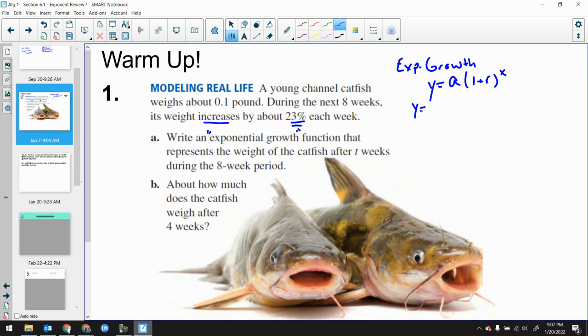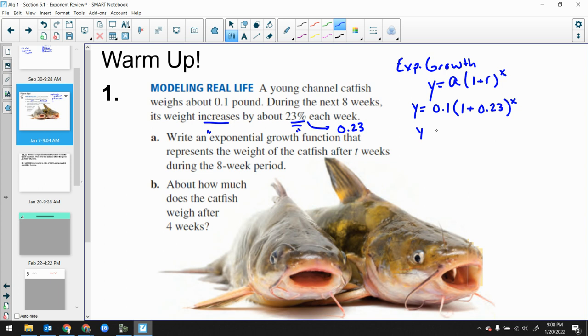So in this case, y is equal to, my a value is 0.1. That's my starting weight of the catfish, 0.1 of a pound. And then I have 1 plus my rate. Now my rate in this case is 0.23. 23% becomes 0.23. Okay, raised to the x power.